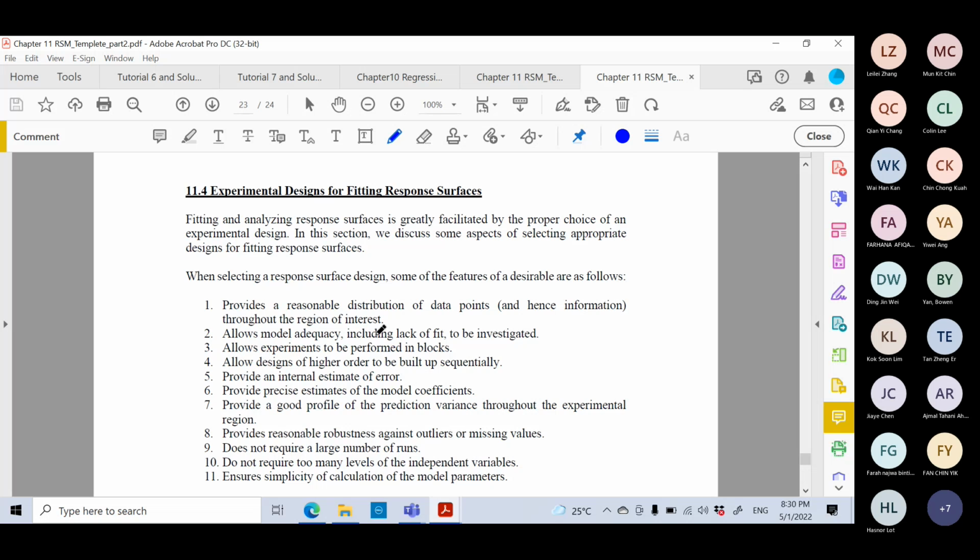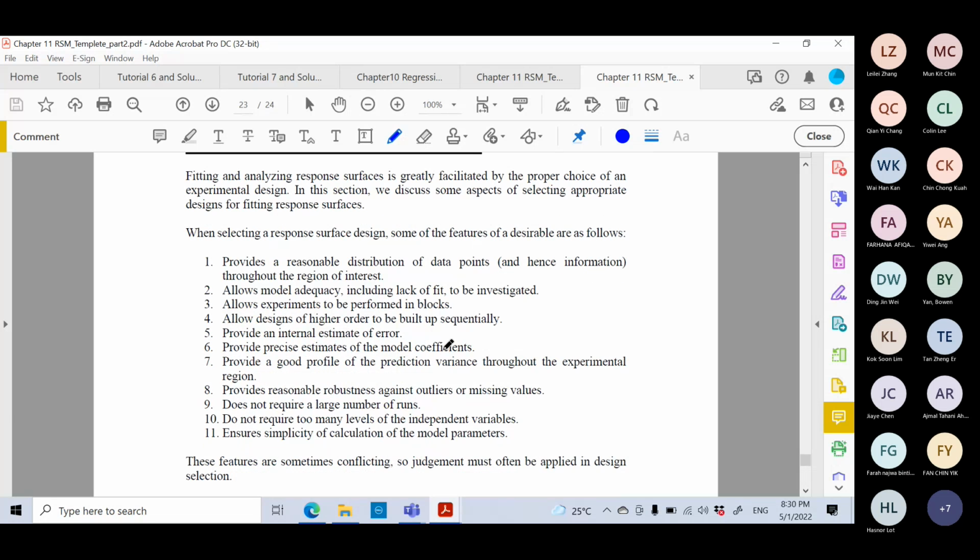Okay, so these are some examples or features of the response surface where you want to form your equation. Of course, in your experiment, sometimes in your analysis of variance or 2 to the power k factorial design, you also involve blocks. So if you have blocks, then you need to perform the analysis in block form. If you do not deal with only a single replicate, then of course you need to estimate the error.